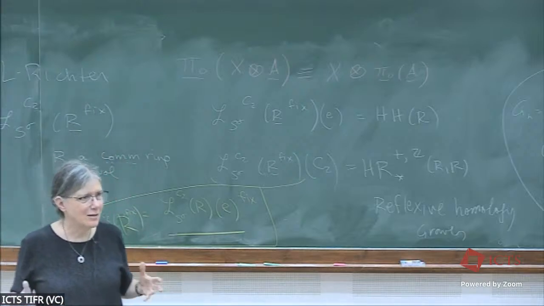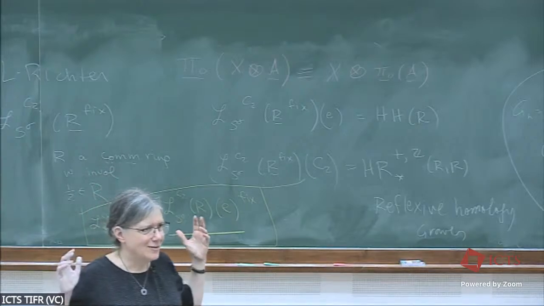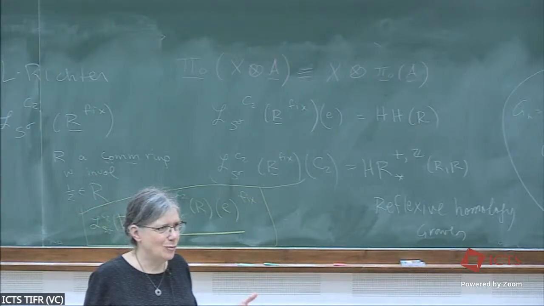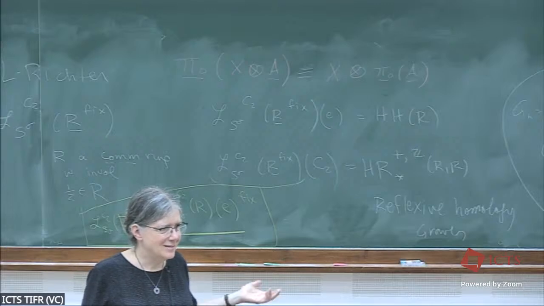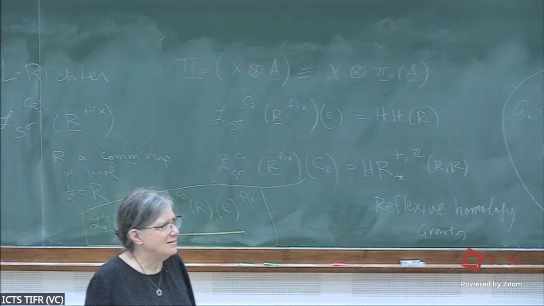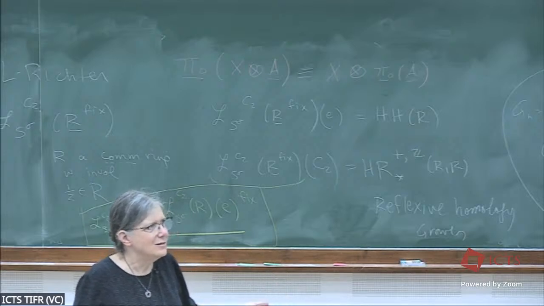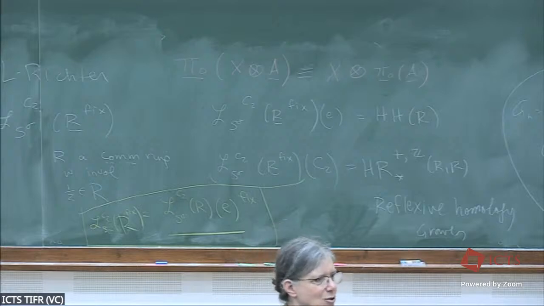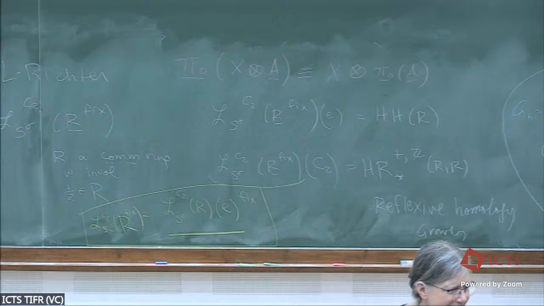So what we've been putting our energy into is trying to see what we can say if 2 isn't invertible. We can sort of say what we have, because C2 is not a bad group, but how to think of it, I don't know. That's the next thing we've been focusing on, and we haven't made progress.